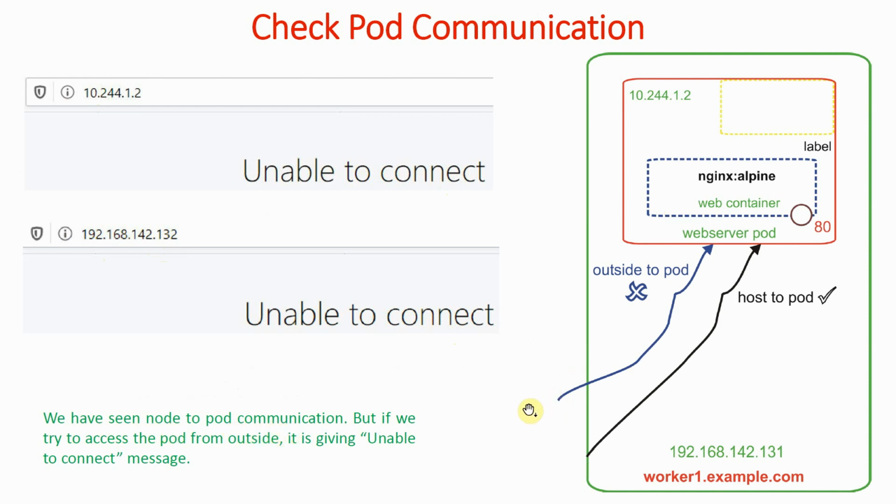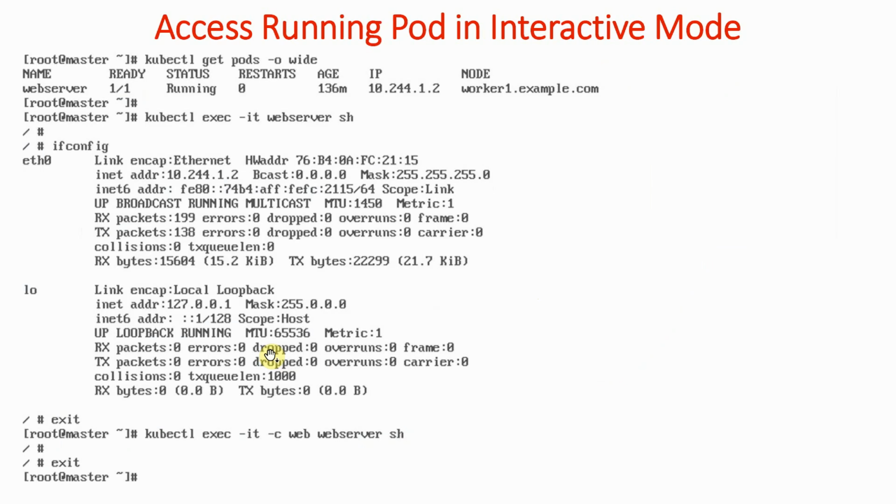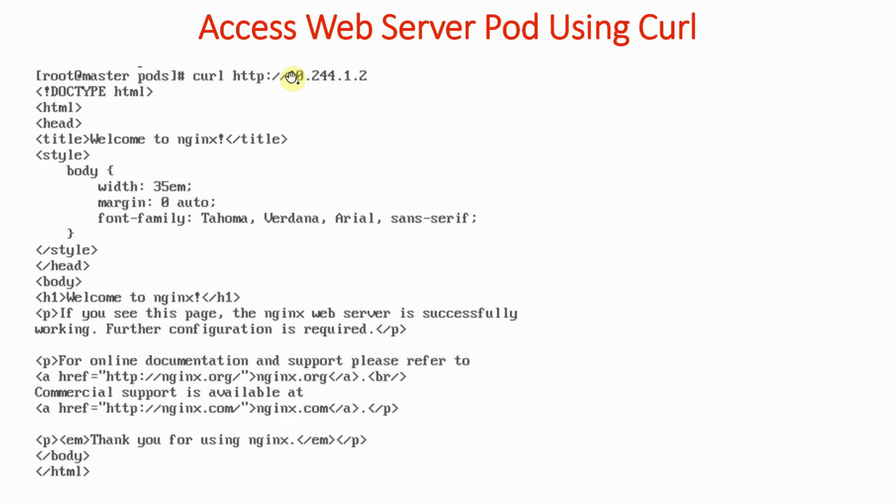That means from outside we are not able to access the web server pod, by using either this address or this address. But please remember, when we were using this curl command, we were running it on the master node. That means the VM itself.